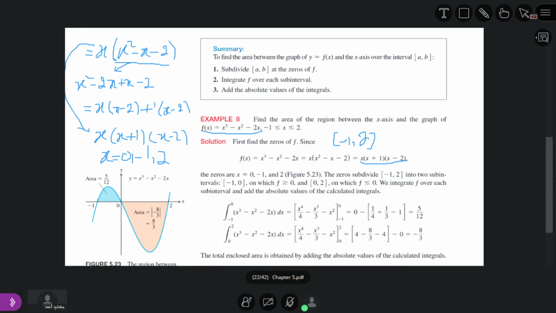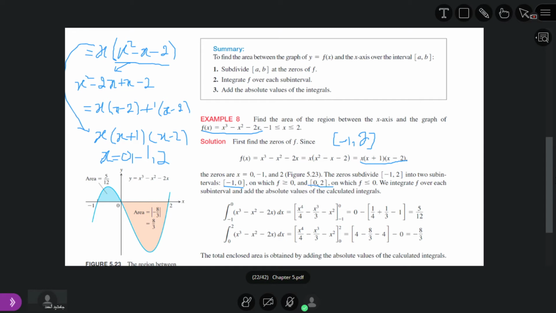The first subinterval is minus 1 to 0, and the second subinterval is 0 to 2.